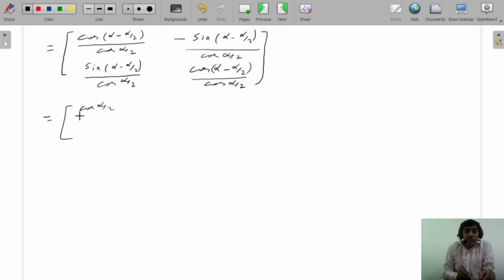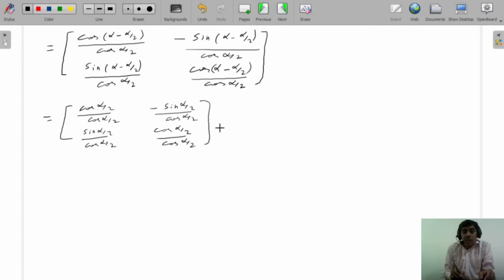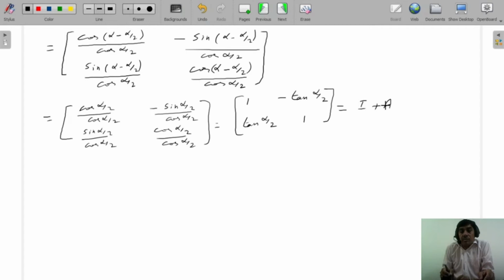Now the next, cos alpha by 2 divided by cos alpha by 2, minus sin alpha by 2 divided by cos alpha by 2, sin alpha by 2 divided by cos alpha by 2, and cos alpha by 2 divided by cos alpha by 2 is equal to [1, minus tangent alpha by 2; tangent alpha by 2, 1], which is equal to I plus A by using equation number 1.